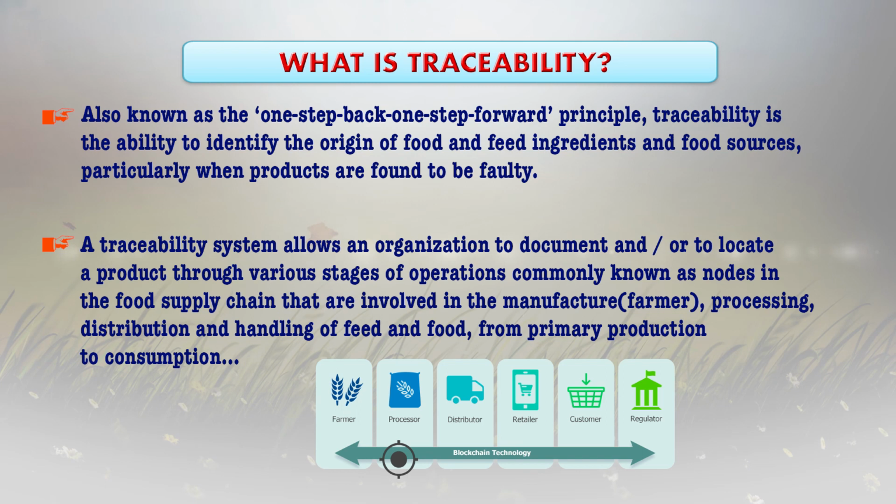It is the system that allows an organization to document or locate a product through various stages of operations, commonly known as nodes in the food supply chain, which are involved in the manufacture, that is obviously the farmer, and also the processing, that is a fruit processor, and distribution, handling of food, and also the food production from the primary fruit production to the consumption.